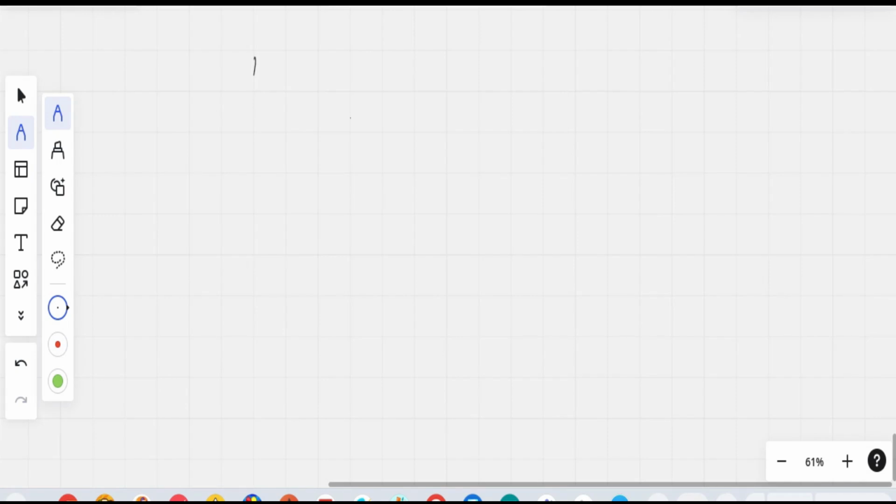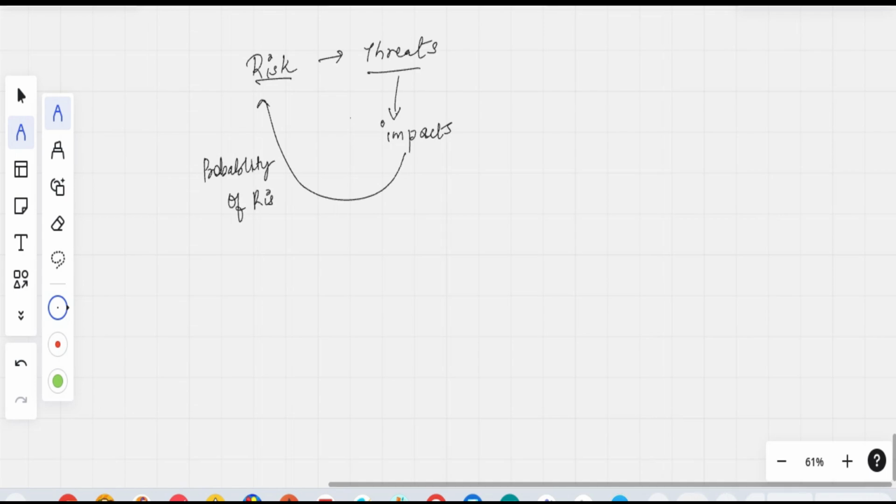So in this video we're going to discuss risk. In the previous video we discussed threats, what basically a threat is. A threat is measured according to its impact, or we can say the probability of risk. Once you identify a vulnerability, you talk about how an attacker could convert that vulnerability into a threat to the organization.